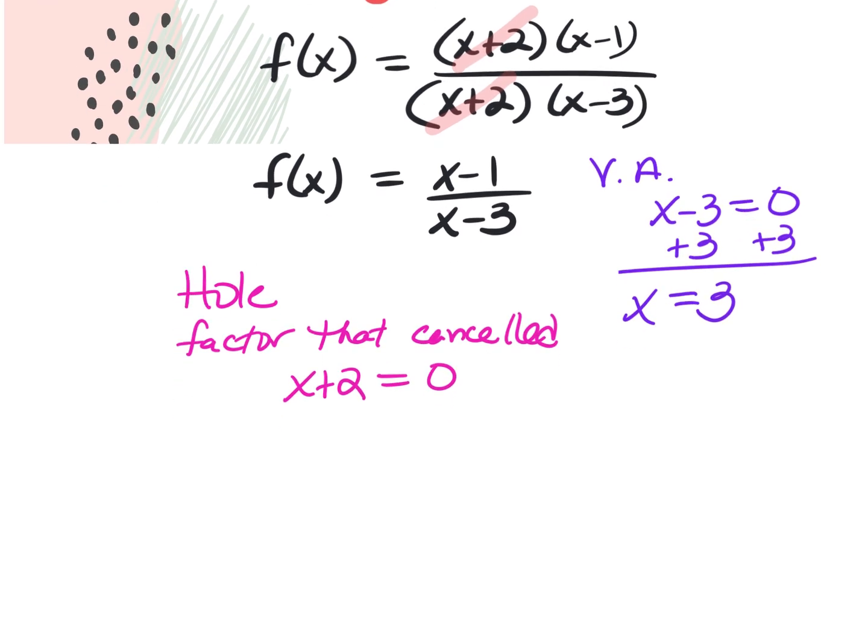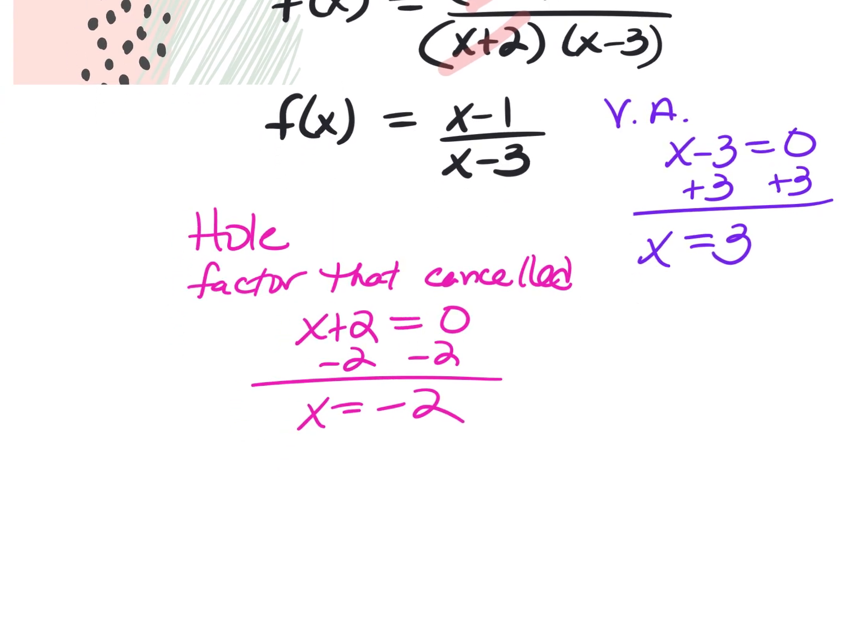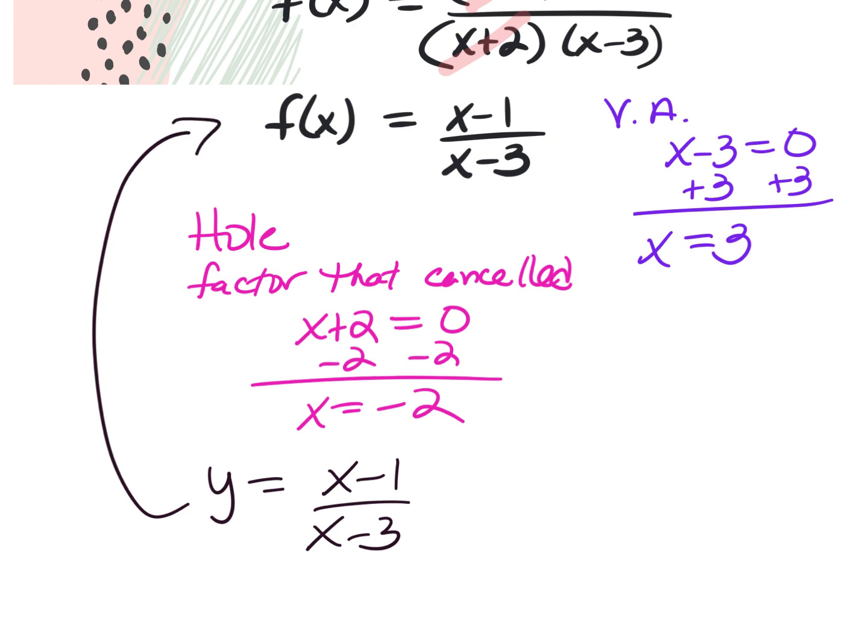So I'm going to solve for x. And now I take my newly found value of x, and I have to plug it into this simplified function. So remember, your simplified function was f of x, and f of x is just a fancy way of saying y equals. So I'm taking my simplified function, and now I'm going to replace these x's with what I just found x to be.